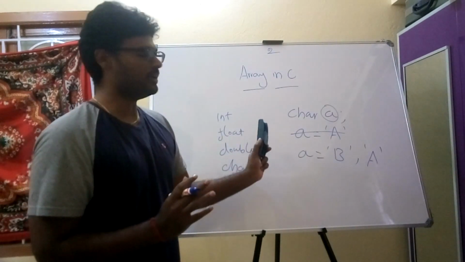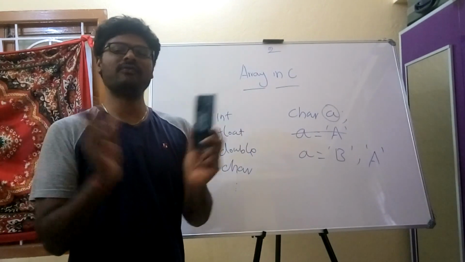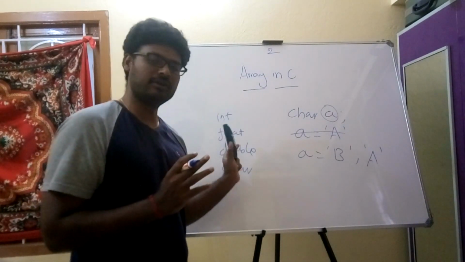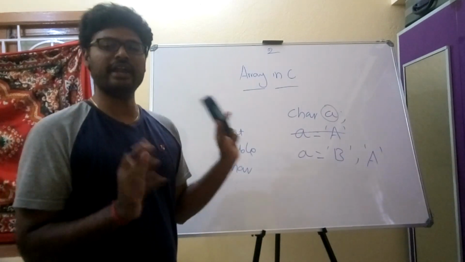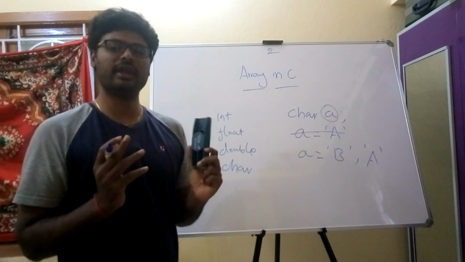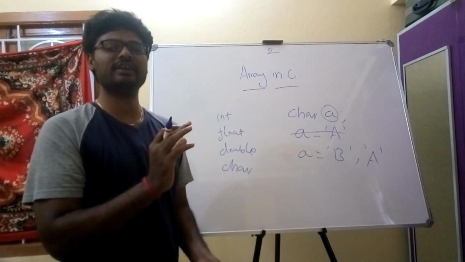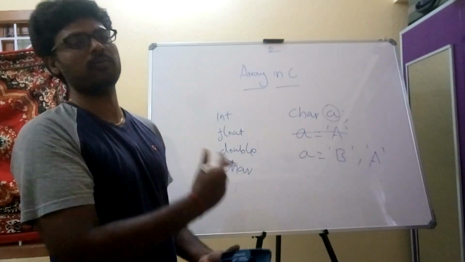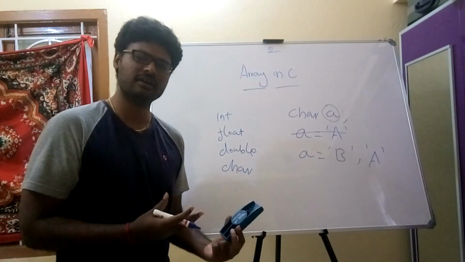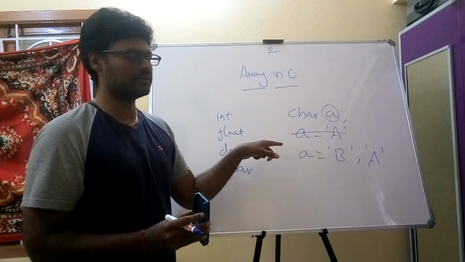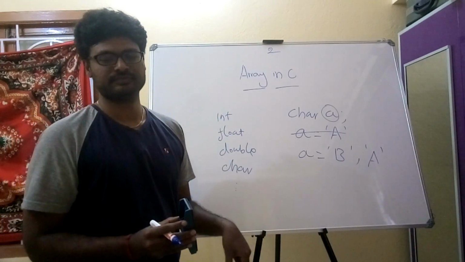In a single name we can store a group of elements, that may be integer, character, float, or double. We can store any group of elements in a single name, in a single reference. This is the very big advantage of array. For this purpose, we need to go with an array.